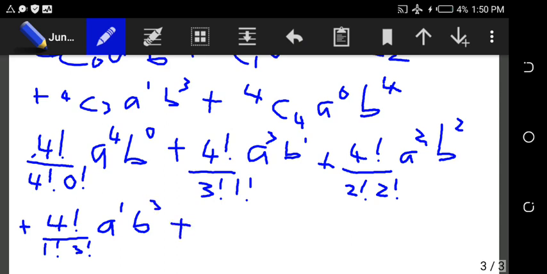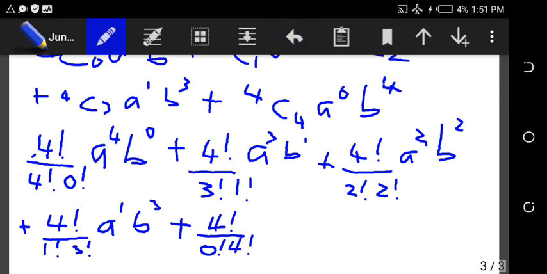Then the last of them, 4 combination 4, what does that mean? So we have 4 factorial all over 4 minus 4, that is 0. So we have n minus r to give us 0, so that's 0 factorial. Then of course our r factorial, which in this case happens to be 4 factorial. Let me make that legible.